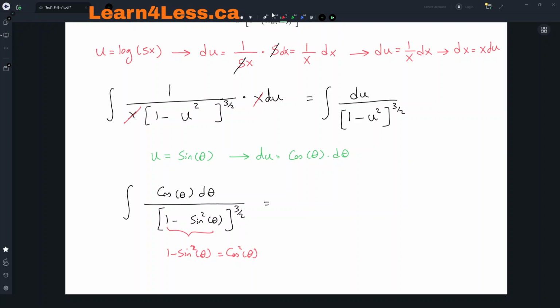So I can rewrite this integral as the integral of cosine of theta d theta over the entire bracket, which would be cosine squared of theta, raised to the power of 3 over 2. So we have cosine of theta to the power of 2, then to the power of 3 over 2.